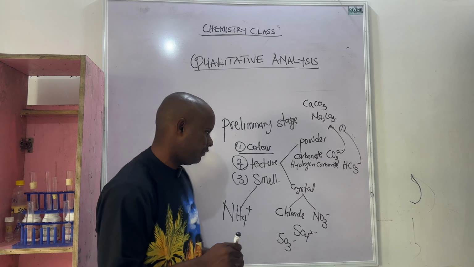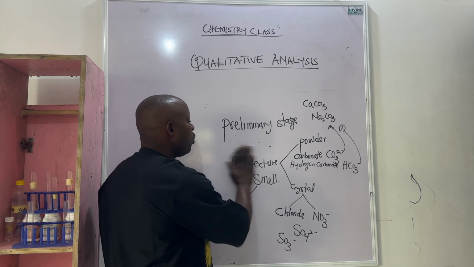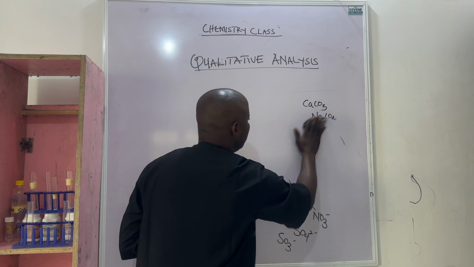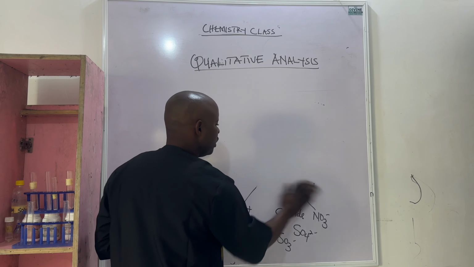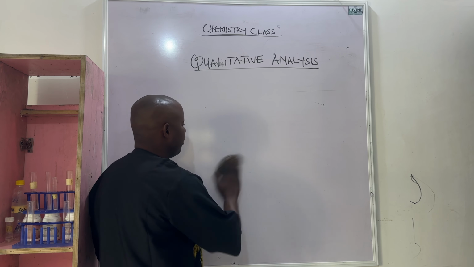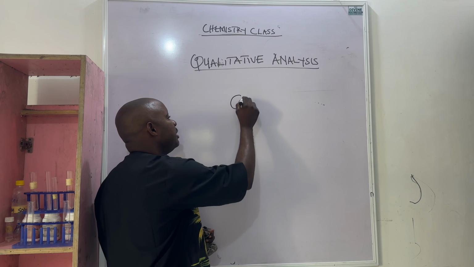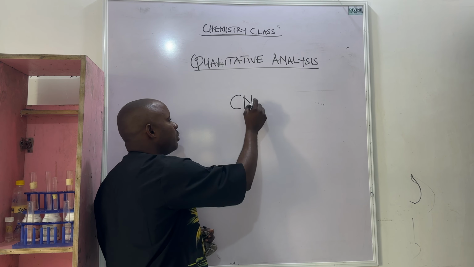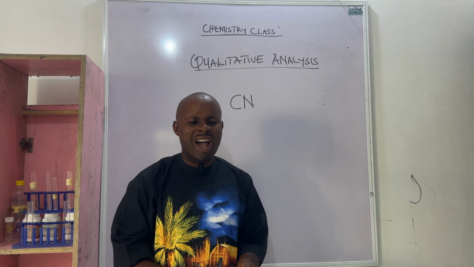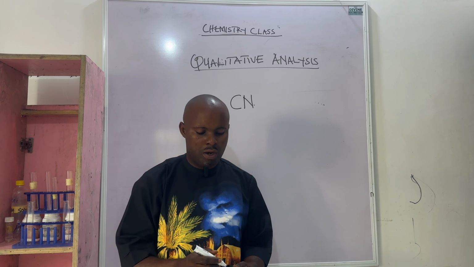During your examination, you will be given a salt with an unknown name, labeled with CN. This CN means that the salt is unknown to you. So how can you identify this salt? Using the questions that follow each of these steps.